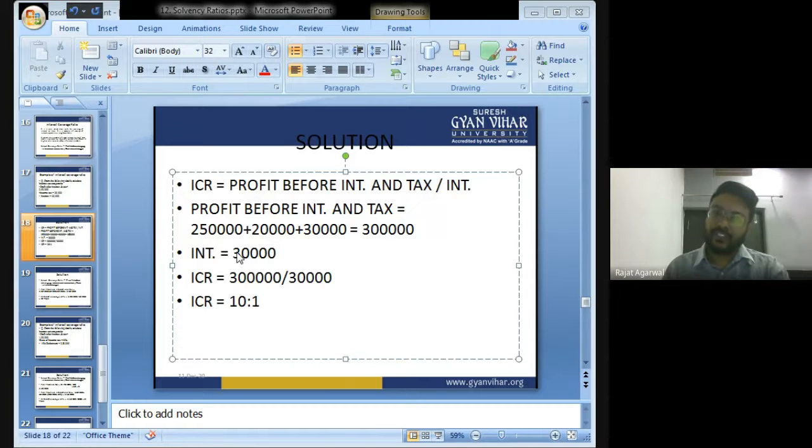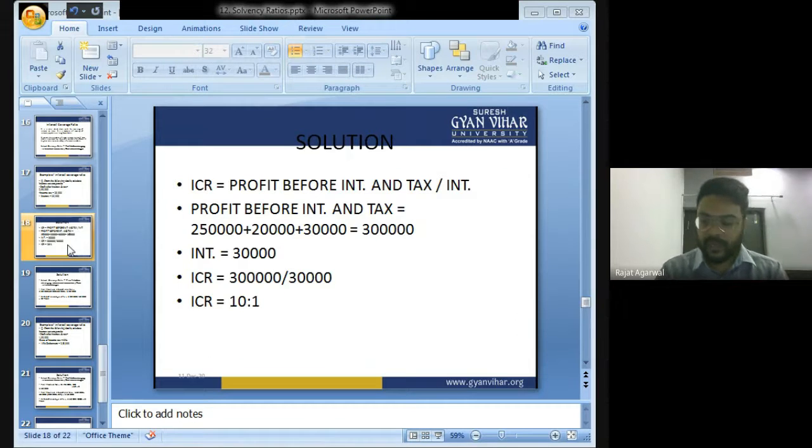Now the investors will be very happy when they see that interest coverage ratio is 10:1. It means the profit of the company is 10 times than the interest. So our company is very much capable in paying its interest charges.